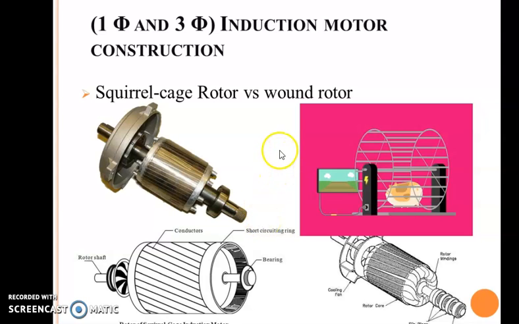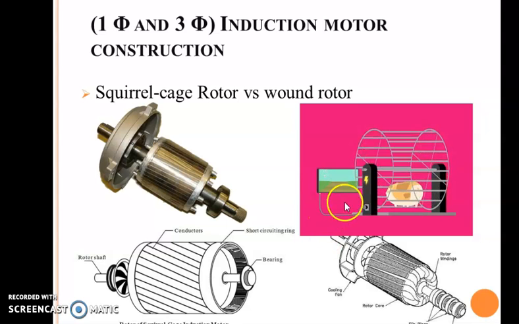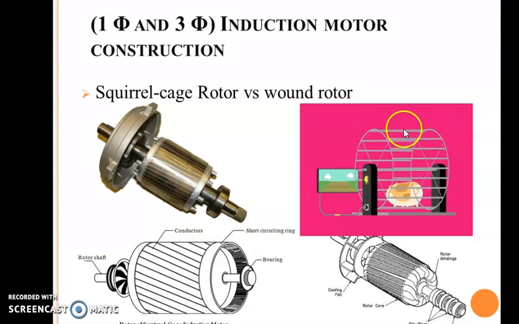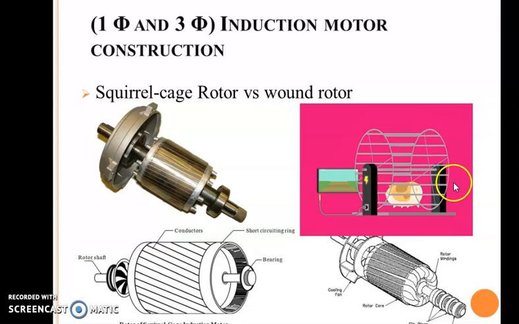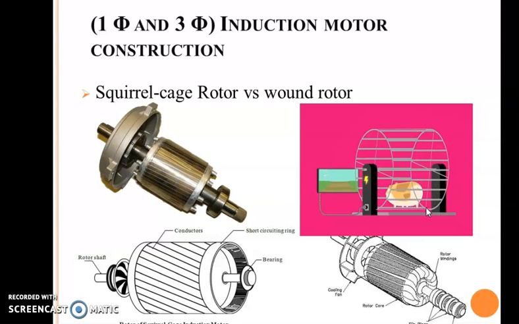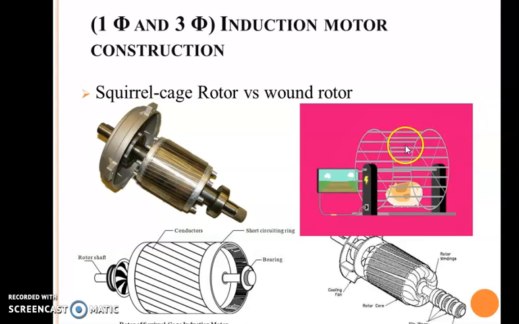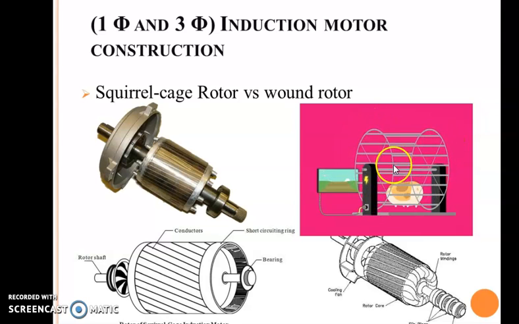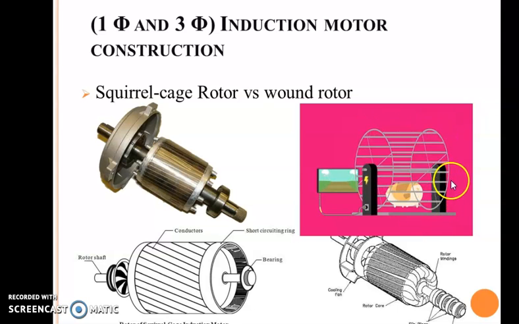If you refer back to the notes, the squirrel cage is constructed just like a hamster cage. Actually, it's not a squirrel, it's a hamster, or a rat or a guinea pig. So you have a bar which is interconnected at the end of the section, and another section is also interconnected.